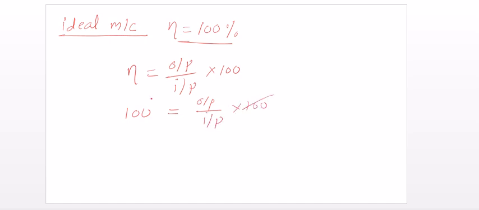If I take the input to this side, input is equal to output. Whatever input we have given has to be converted into output. Then we can say this is the ideal machine. Remember this, because they will ask you the definition of the ideal machine.